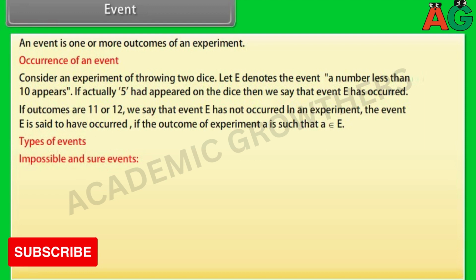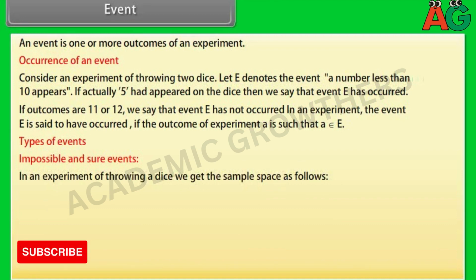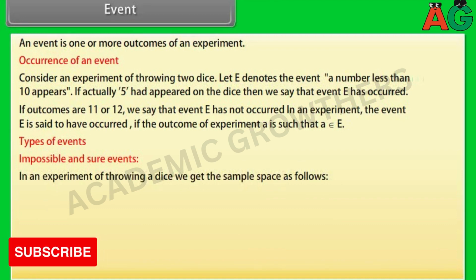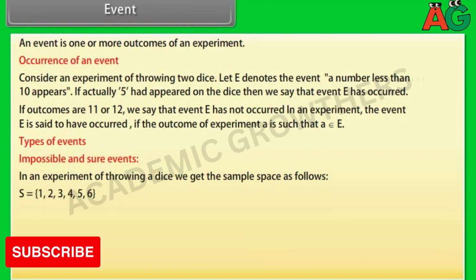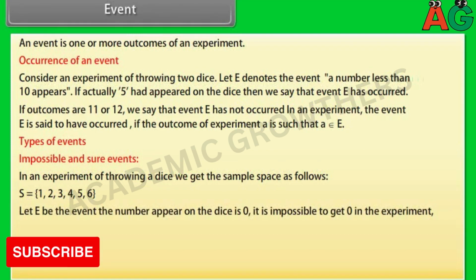Types of events. Impossible and sure events. To understand it, let's take an example. In an experiment of throwing a dice, we get the sample space S = {1, 2, 3, 4, 5, 6}. Let E be the event that the number appearing on the dice is 0. It is impossible to get 0 in the experiment.